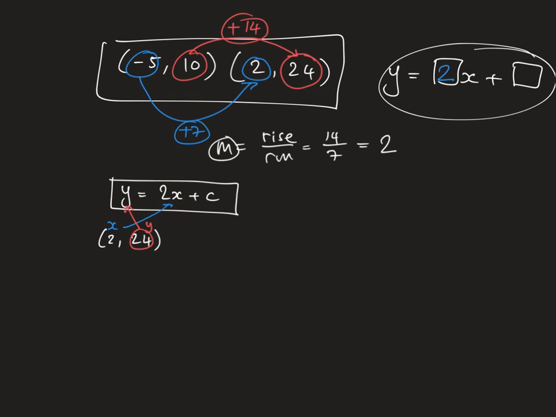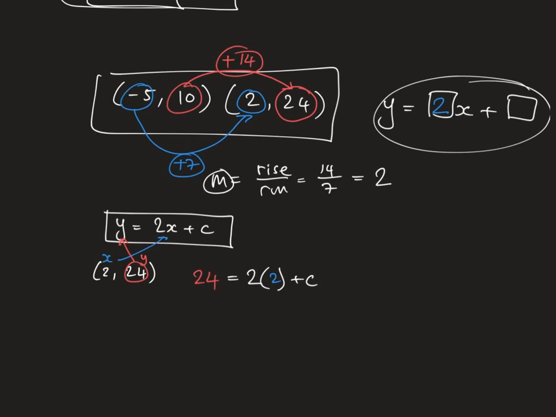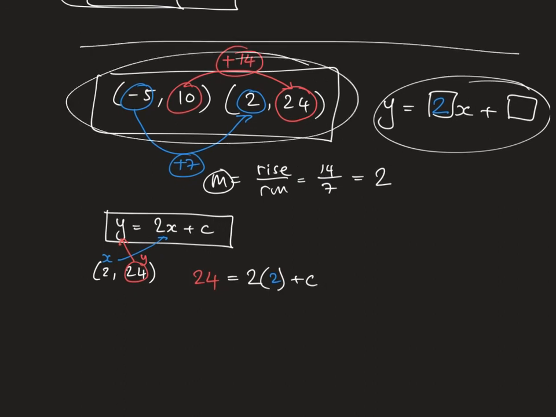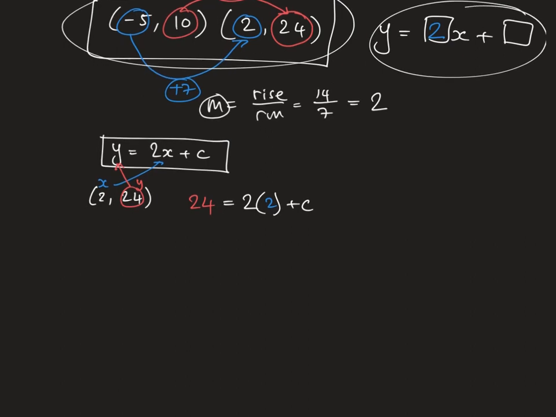So let me rewrite this equation. Instead of y, I'm going to write 24, which is equal to 2 lots of whatever x was, and x is 2 in this case, plus c. Now, both of those coordinates that I've just drawn are on the line we're trying to create, which means that the c value that we get will allow us to make that 24 and that 2 be on that same line.